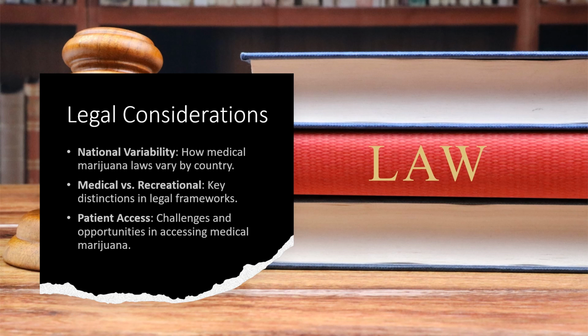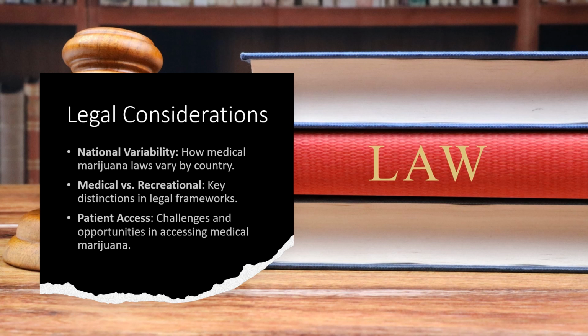In the United States, medical marijuana laws differ between the different states, and that creates this patchwork of regulations, with some of the states providing broad access while others just maintain stringent restrictions. The key distinctions in the legal frameworks are going to revolve around the aspects like patient eligibility, the qualifying medical conditions, and access mechanisms.